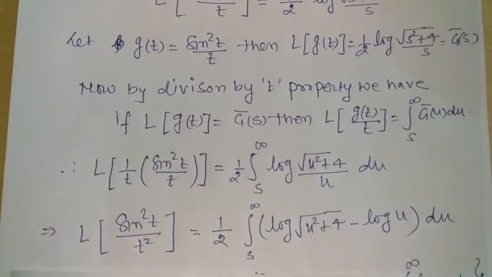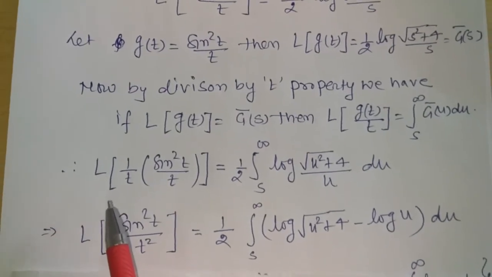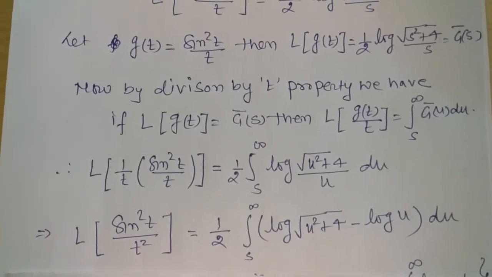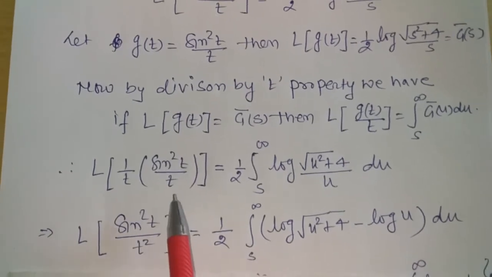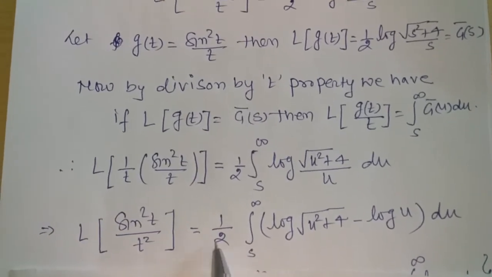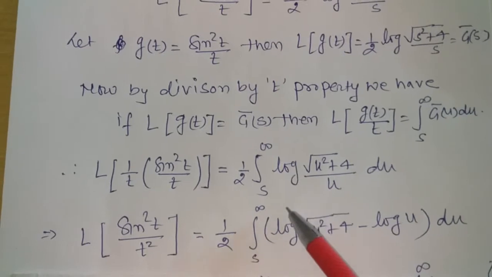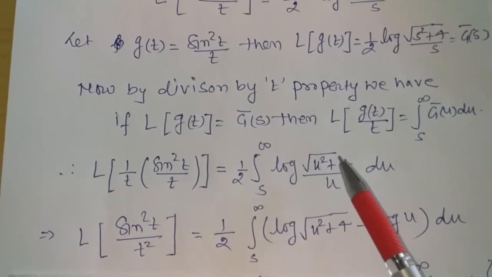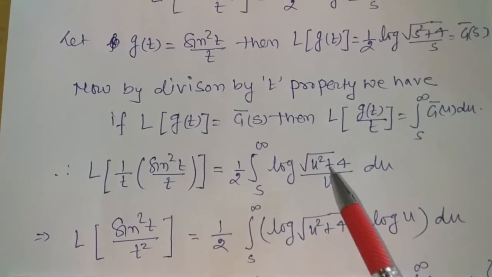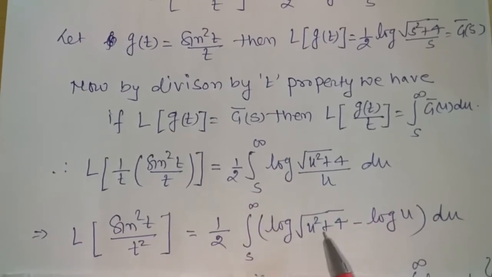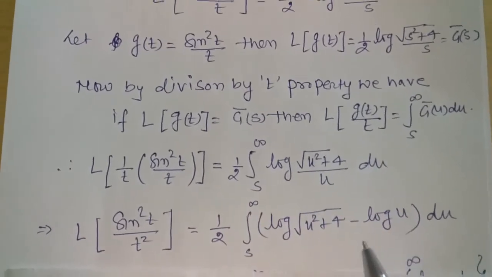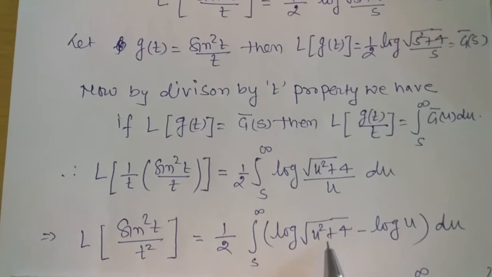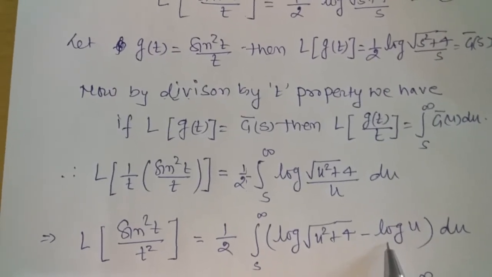Now the left hand side becomes the Laplace transform of sin square t by t square, equal to 1 by 2 integral from s to infinity. Here we apply the property of log, that log m by n is equal to log m minus log n. So we have log of square root of u square plus 4 minus log u du.